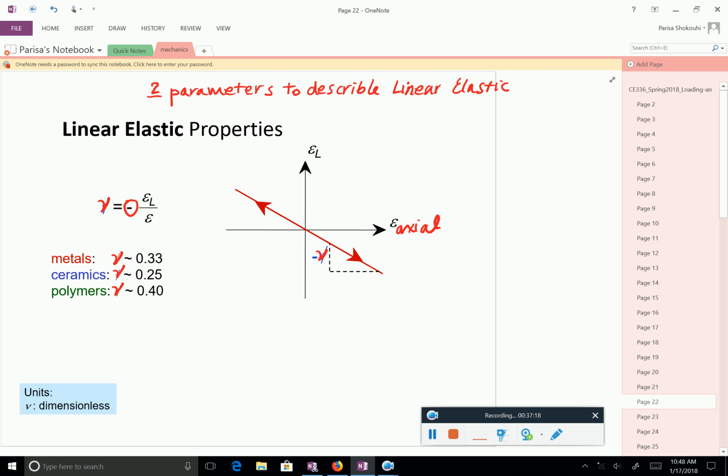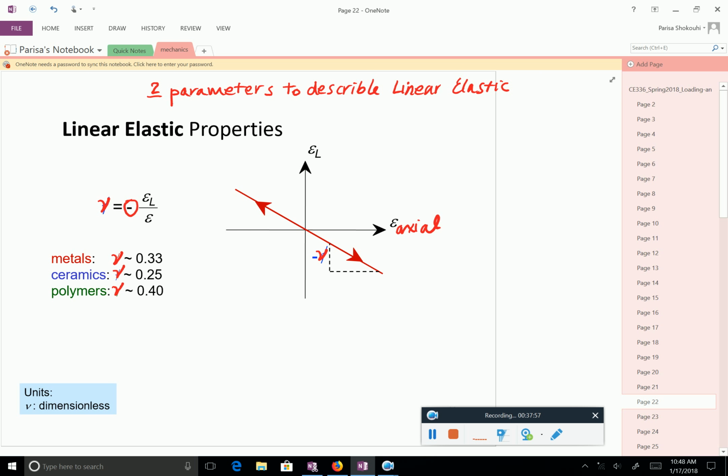And we can also compare the Poisson's ratio between different groups of materials. Concrete, ceramics, between 0.2 and 0.25, metals, 0.3, polymers, 0.4. What does it mean if the Poisson's ratio is larger? It means that if you are stretching the material in one direction, it is affected a lot in the other dimension. That's what it means. How about the units?